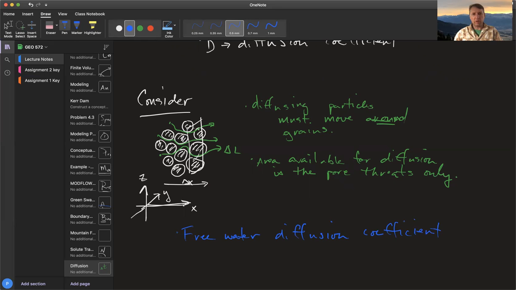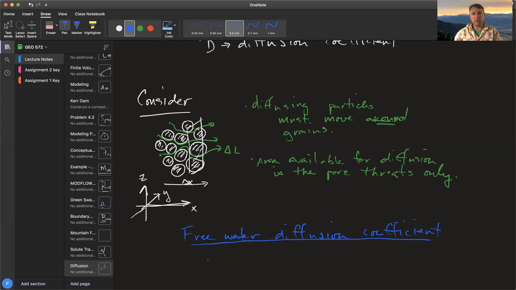The free water diffusion coefficient is a function of how far the particles can move, so it's a function of the particle size and temperature, but it's also a function of the molecular spacing of water, because the particle is going to run into water molecules.